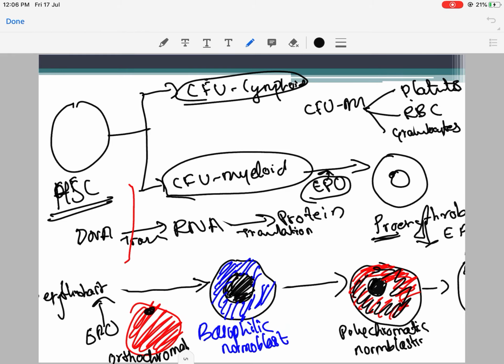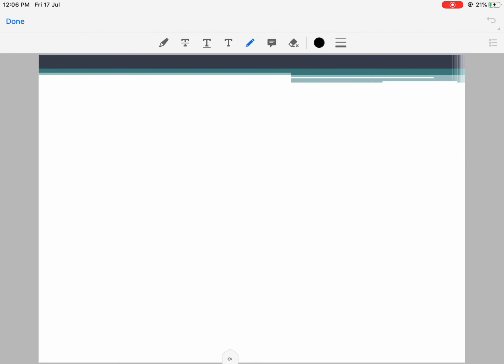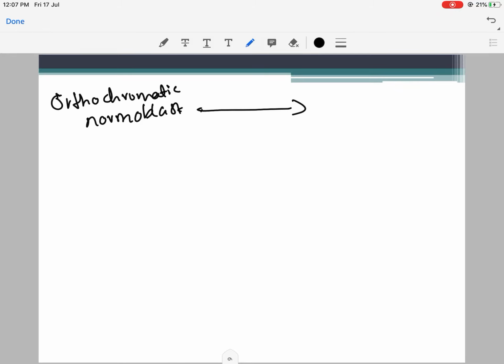Now this orthochromatic normoblast has a small nucleus. As we all know, RBCs do not contain a nucleus as well as mitochondria. So the nucleus is extruded from this and mitochondria are extruded.